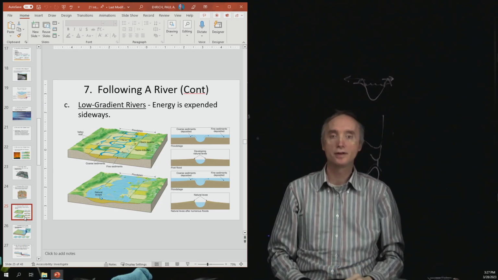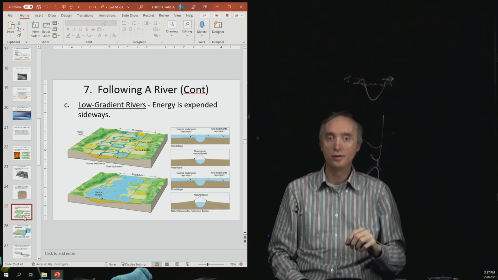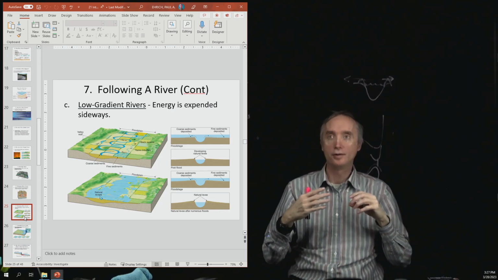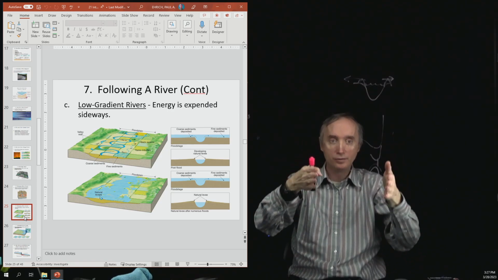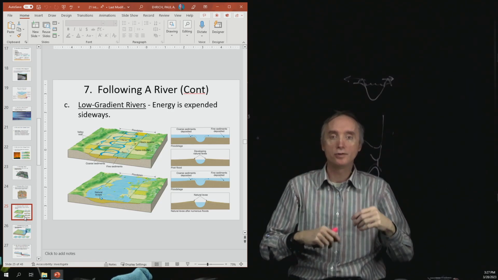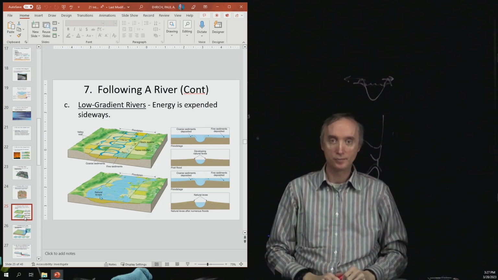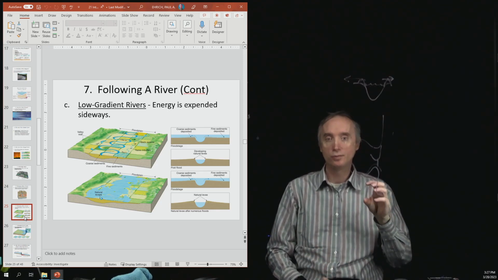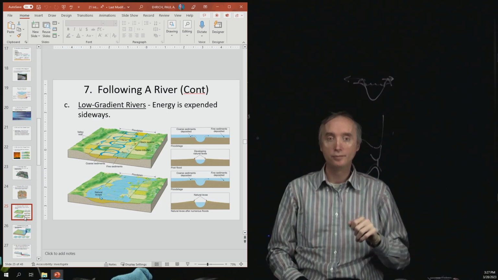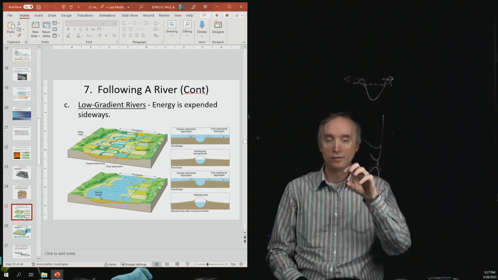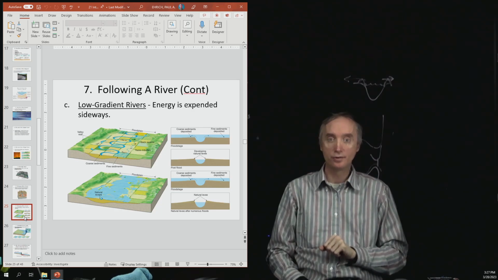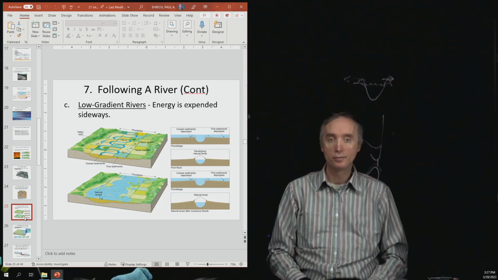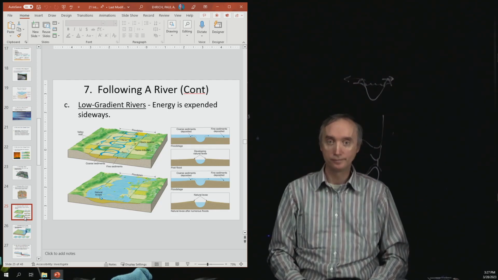Well, it turns out that the river is going to have little smaller rivers that are going to parallel the main river, and then those are going to be called Yazoo tributaries. And what they will do is they will drain the floodplain, and then eventually they connect back into the main channel, and then they return the water back to the main river.